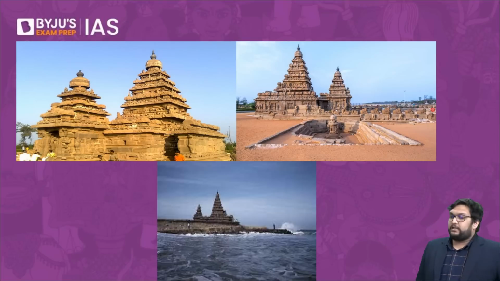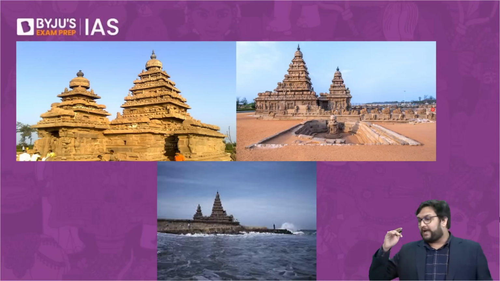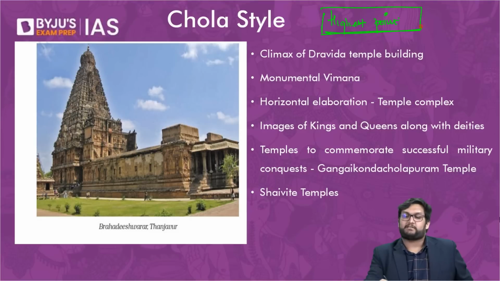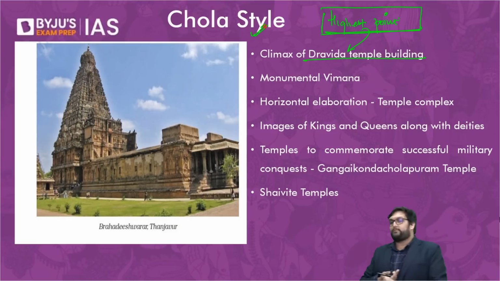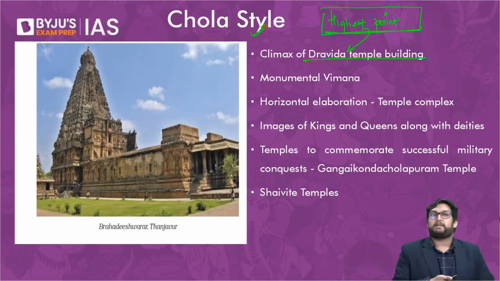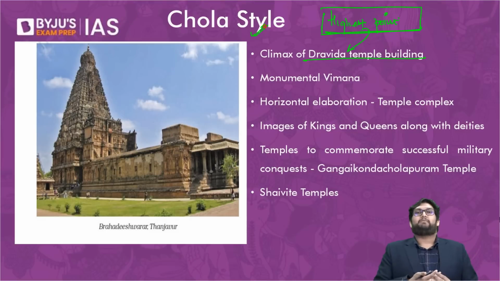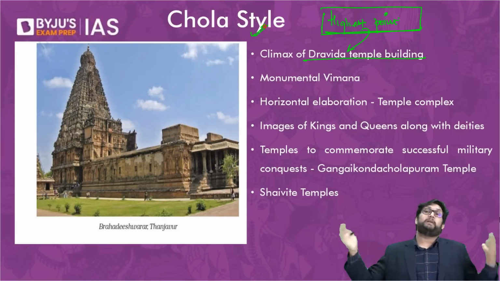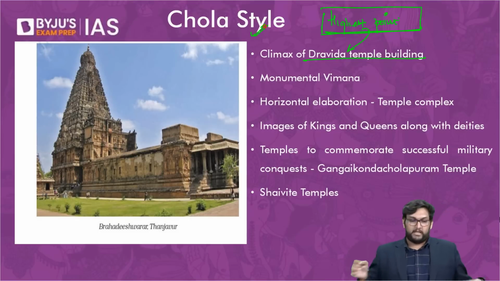Now, in between all of this, the mandap is there, already marked in it. The highest point, or the climax of Dravida style, is under the Cholas, and the Gangaikonda Cholapuram temple, and even the Brihadeshwara temple at Thanjavur are one of the most interesting and monumental South Indian temples.